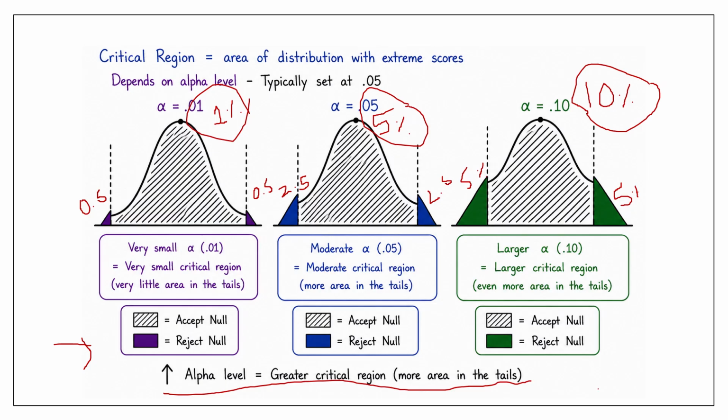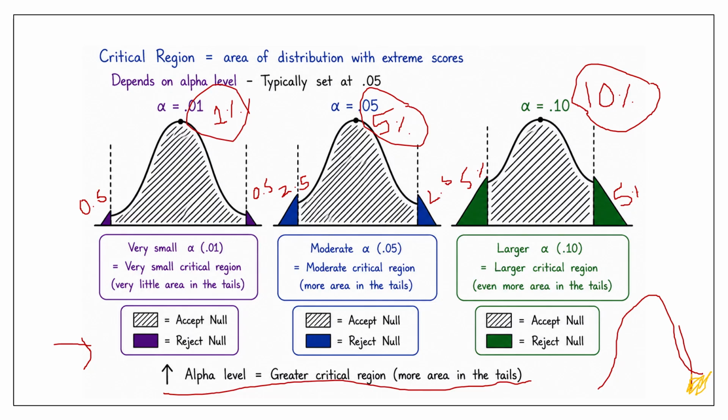So here, for instance, I have a distribution, and let's say that I think the score is going to be higher, then we're going to be looking at this tail only. And whatever that extreme score is going to be located on that tail only.